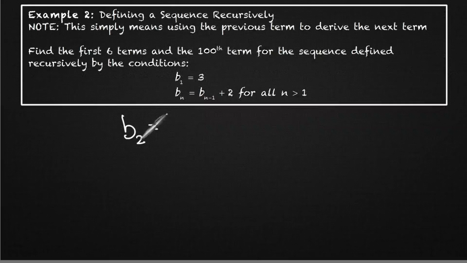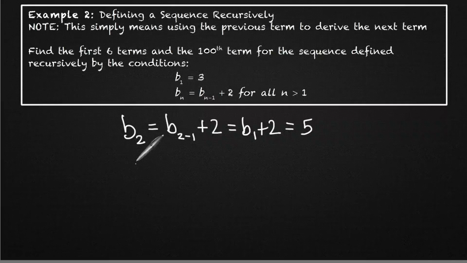So if I'm looking for B2, I just simply need B2 minus 1, plus 2. We know 2 minus 1 is 1, so we're looking for B1 plus 2. Oh, they gave me B1. B1 is 3. Hey, 3 plus 2 is 5. Now we've got the second term. Now we're going to move on to the third term.